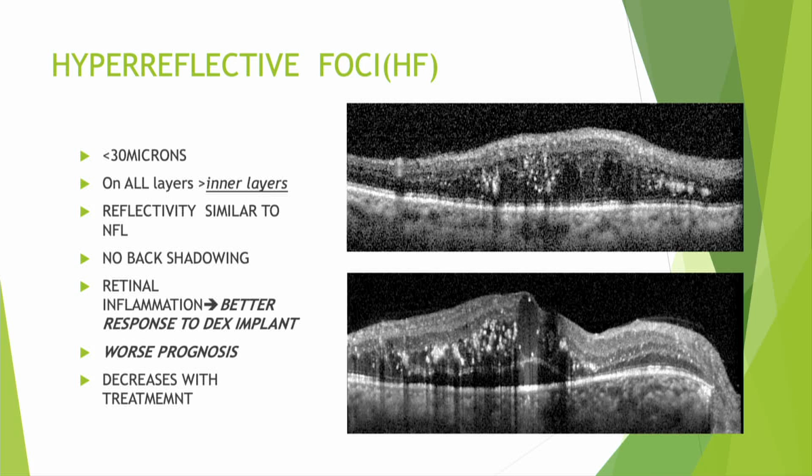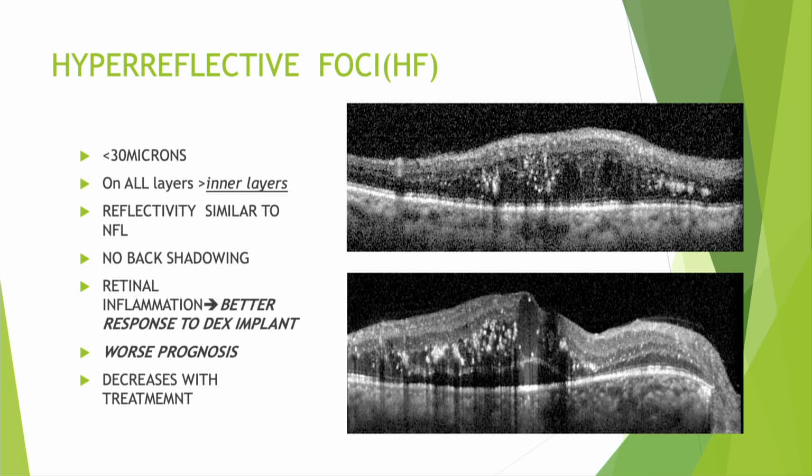The hyperreflective foci are seen in most vascular conditions, also in diabetic retinopathy. You have these distributed mostly in the inner retinal layers, their size is less than 30 microns, and the reflectivity is similar to the nerve fiber layer. They are biomarkers of retinal inflammation, and these patients do better with steroid implants.